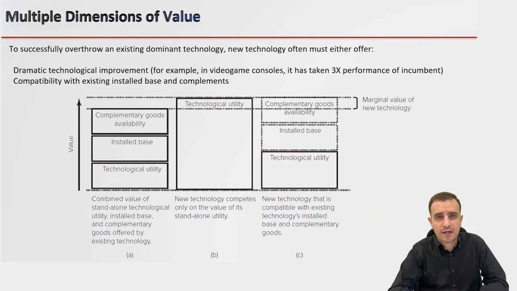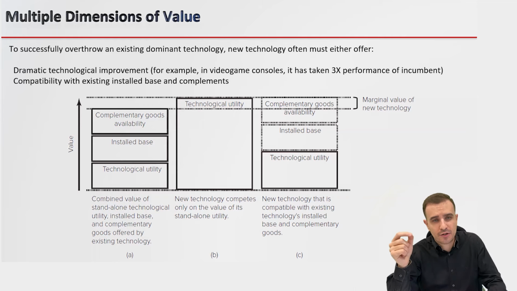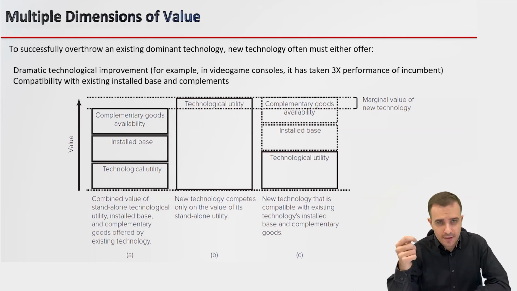The first one is that whenever a new technology comes into this space, there should clearly be some additional value. And how can a new technology win in the battle for dominant design? There are basically two options.